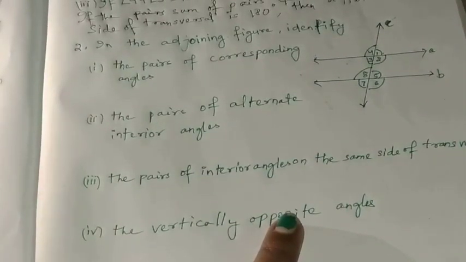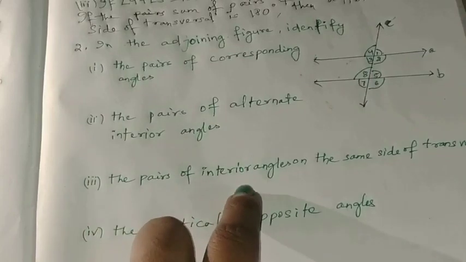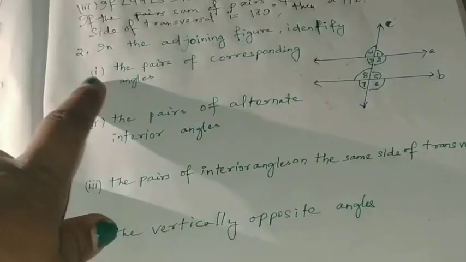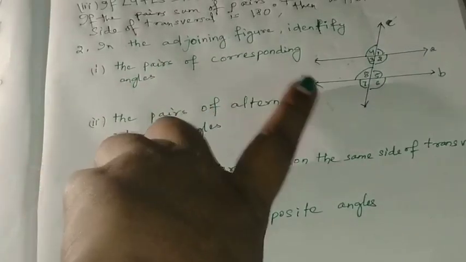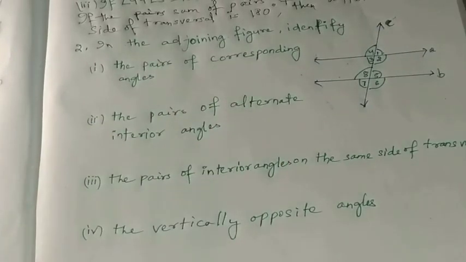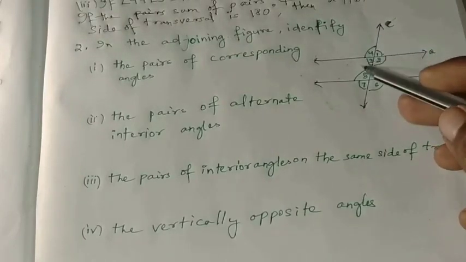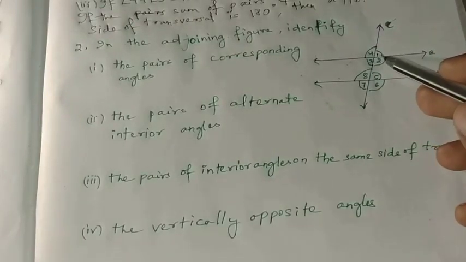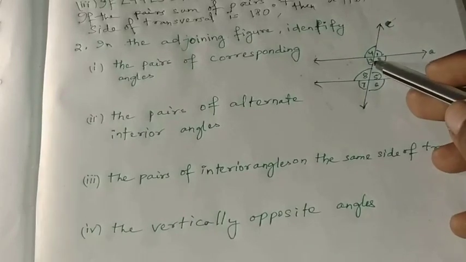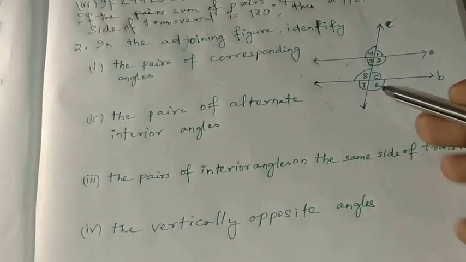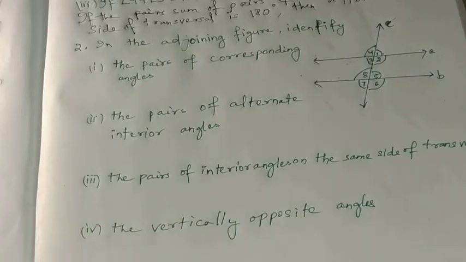We have to find the angles. Number 1, the pairs of corresponding angles. The corresponding angles are angle 4 and angle 8, angle 1 and angle 5, angle 3 and angle 7, angle 2 and angle 6.